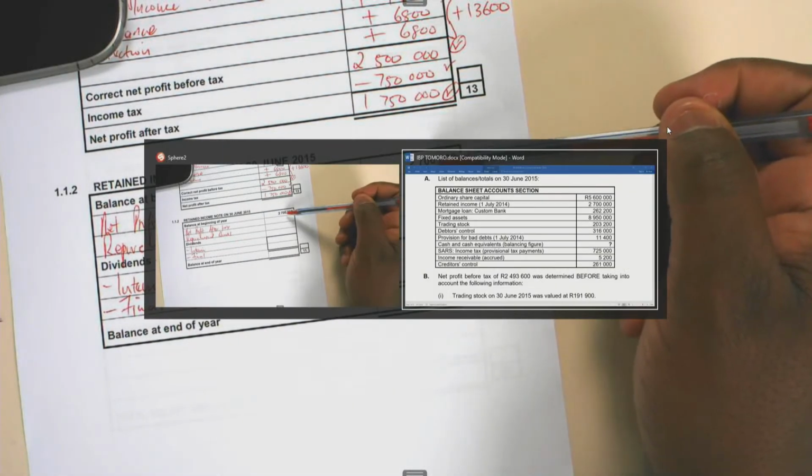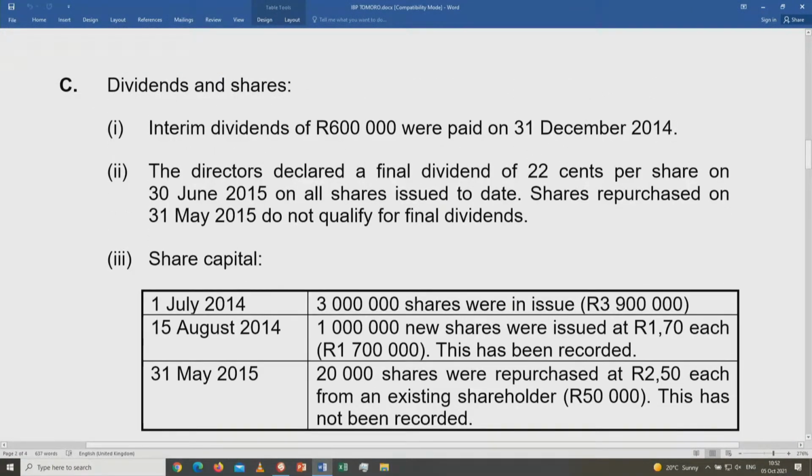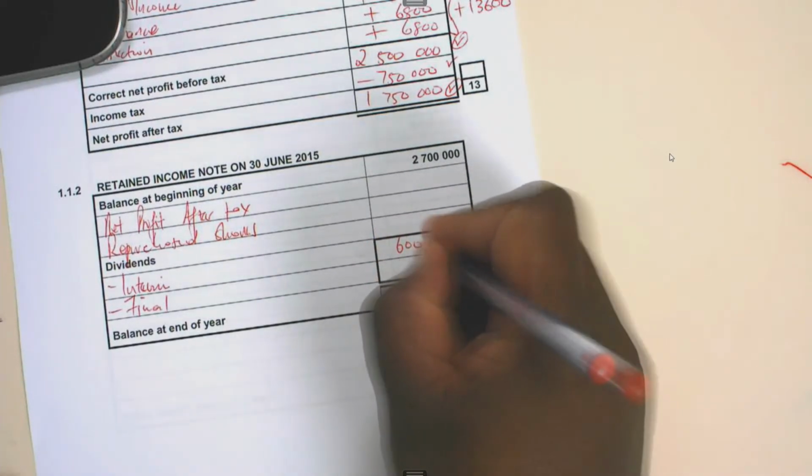It means now we can go straight to information C, dividends and shares. Number one says there that interim dividends of 600,000 were paid on 31st December 2014. So that has already been calculated for us, and ours will be just to copy and paste to our note, 600,000.